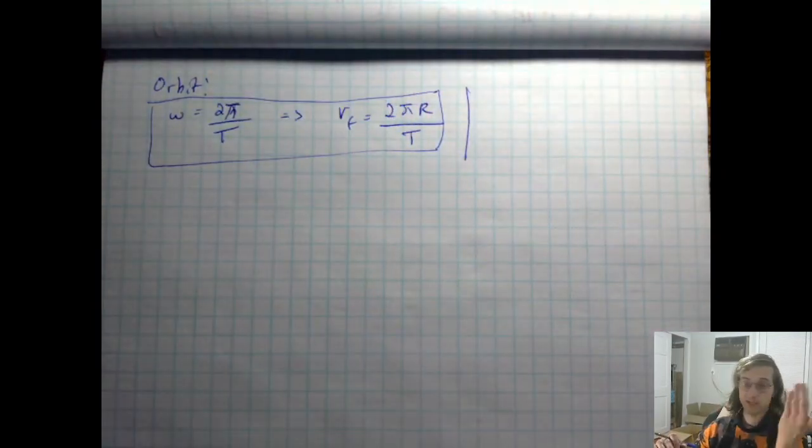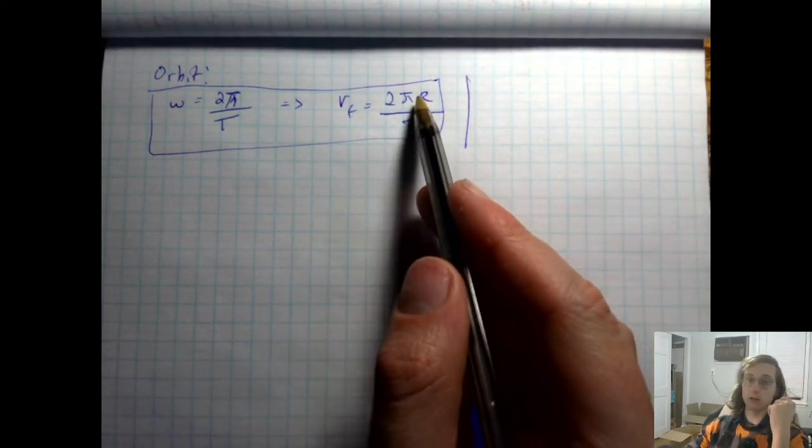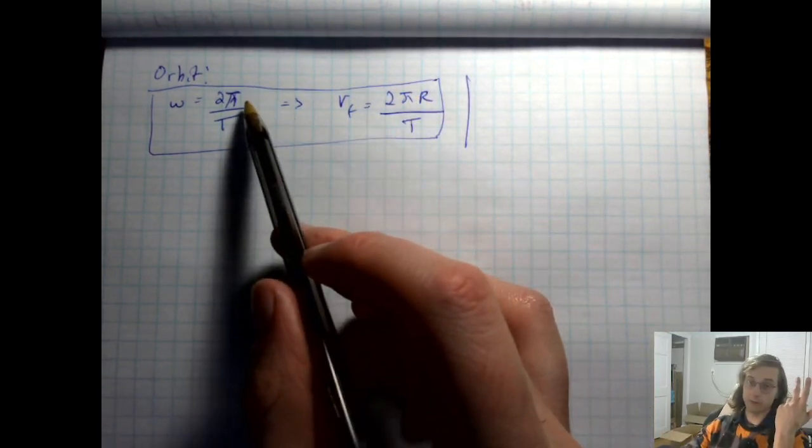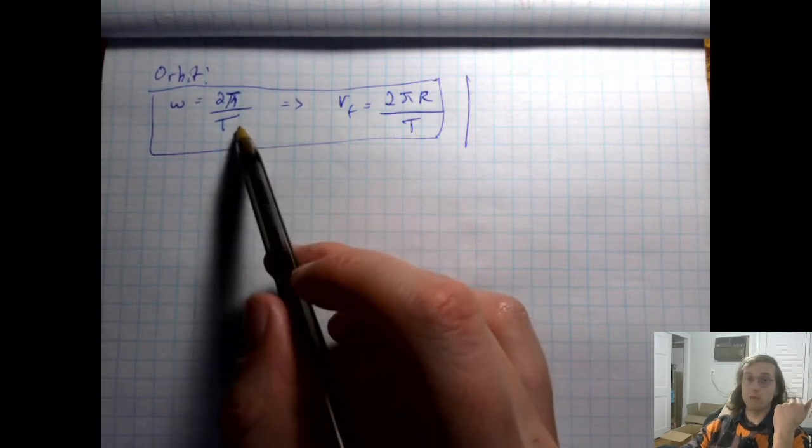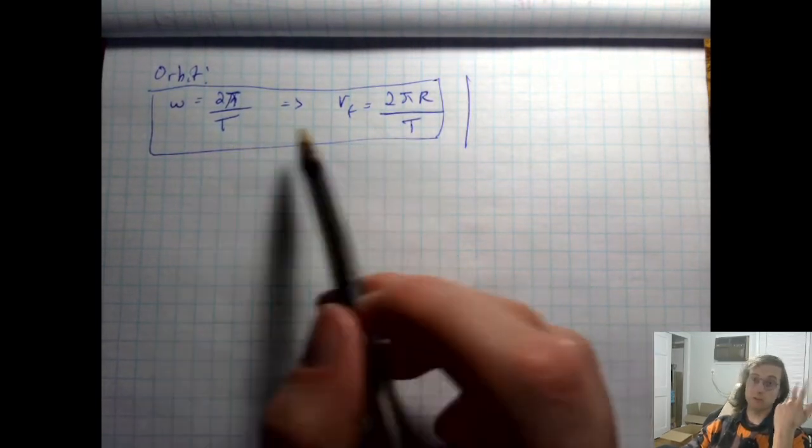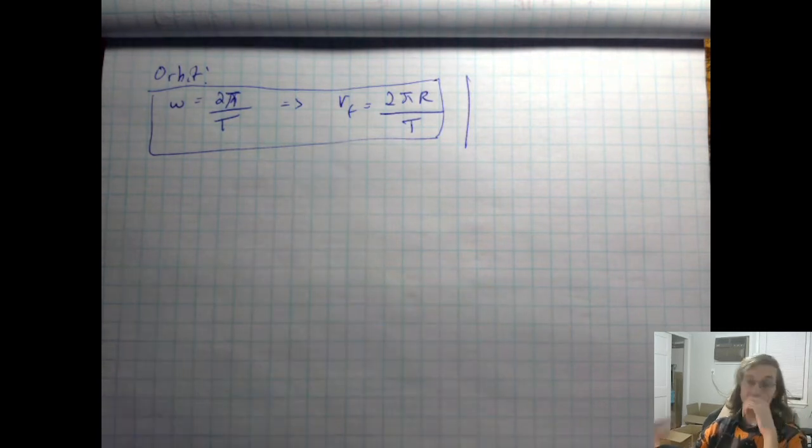They're just coming from distance divided by time, or angular distance divided by time, because a full circle is either the circumference, distance here, or 2 pi radians, distance here. The time for that full circle is the period of one complete cycle of rotation.